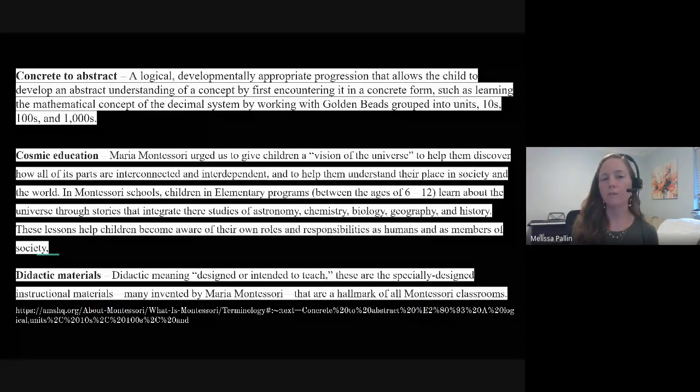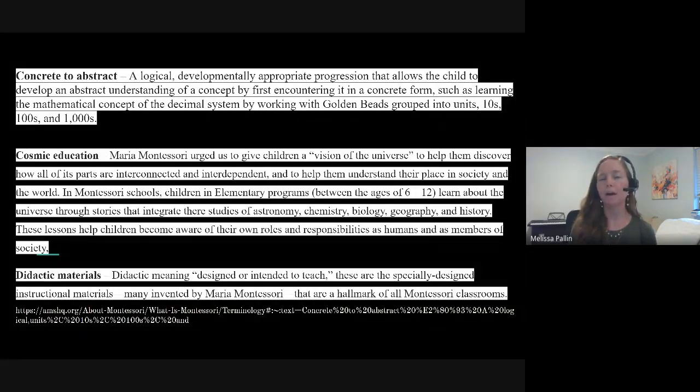In Montessori schools, children in elementary programs learn about the universe through stories that integrate astronomy, chemistry, biology, geography, and history. So in that way, they have an understanding not just of isolated subjects, but the interconnectedness among all subject matter.